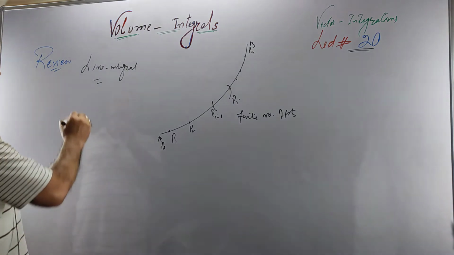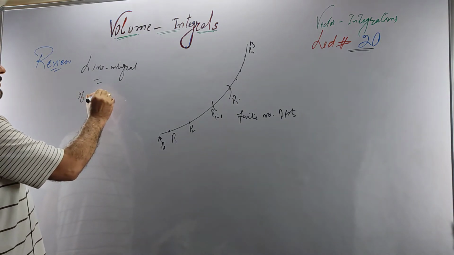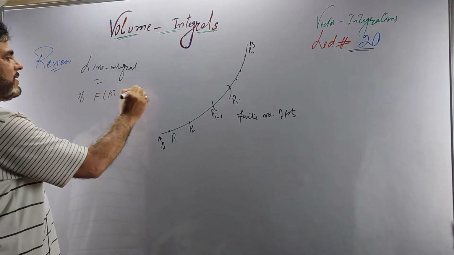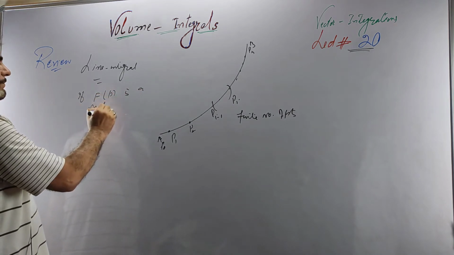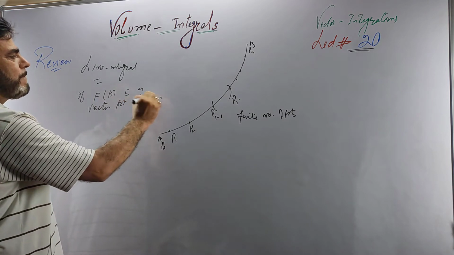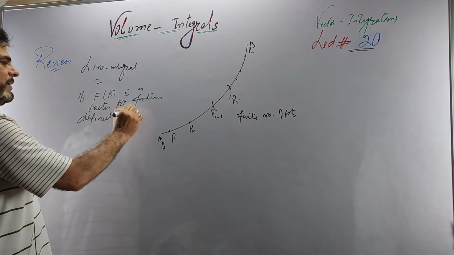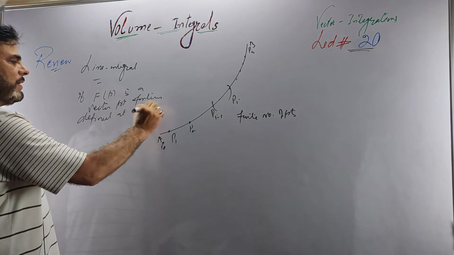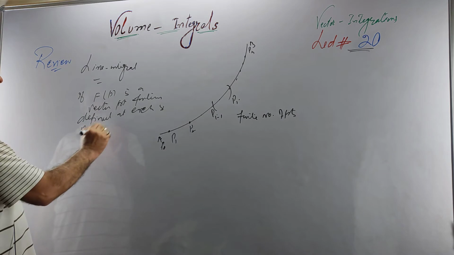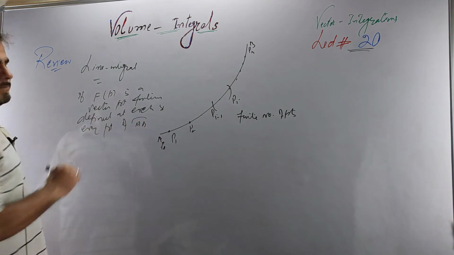Then we define, if f of p is a vector point function which is defined at each and every point of the curve AB.